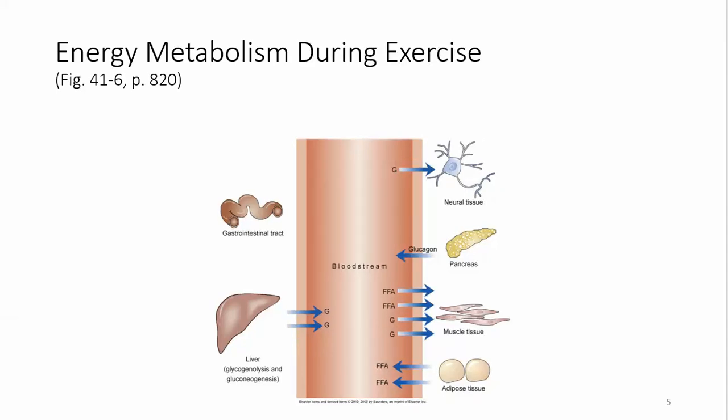In an exercise state, on an empty stomach, more glucagon is released. There's still some insulin because the pancreas is functioning normally. Lots of gluconeogenesis, lots of glycogenolysis in the liver, producing glucose, lots of free fatty acids being produced by adipose tissue, glucose going to the neural tissue, free fatty acids and glucose going to the other tissues and producing ATP.